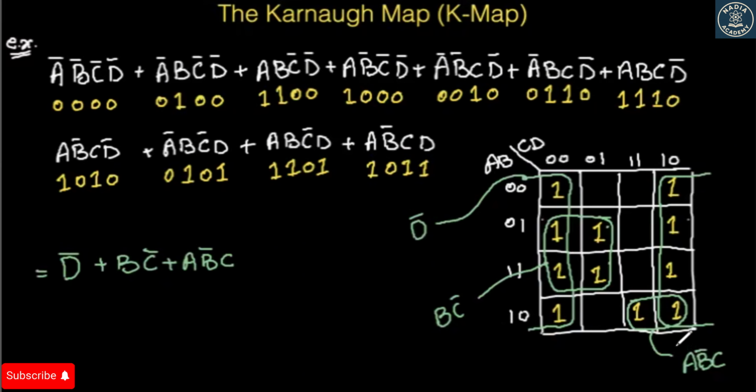A, B bar, C. So then our solution is D bar plus B, C bar plus A, B bar, C. So these three terms can also justify all of this Boolean expression with 11 terms. So this is actually the advantage of K-maps.